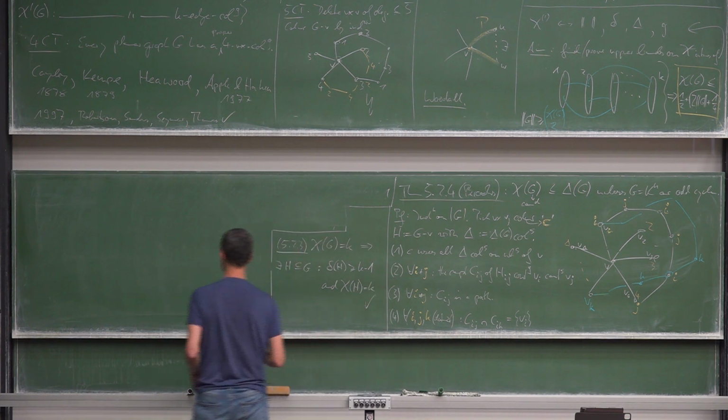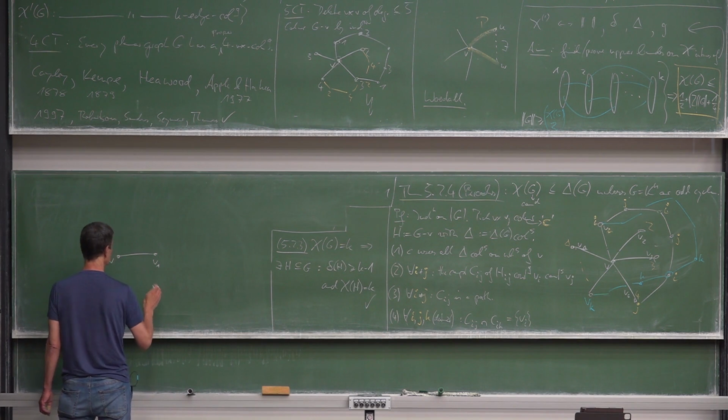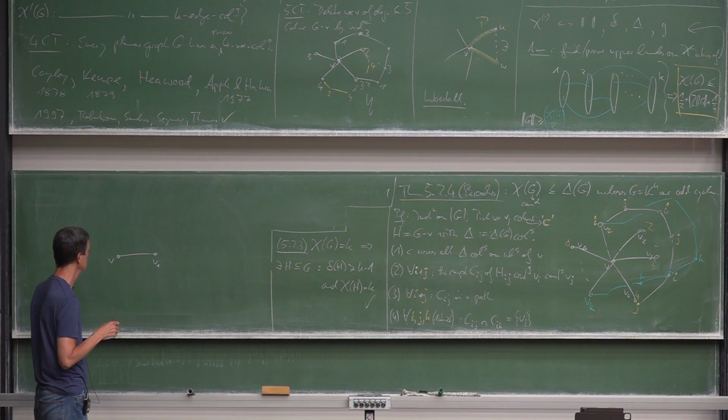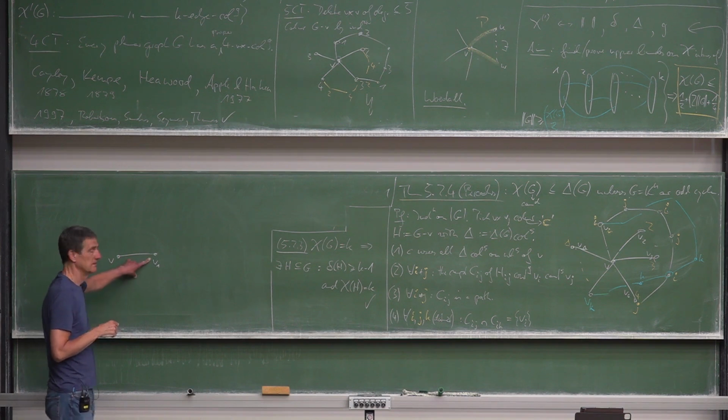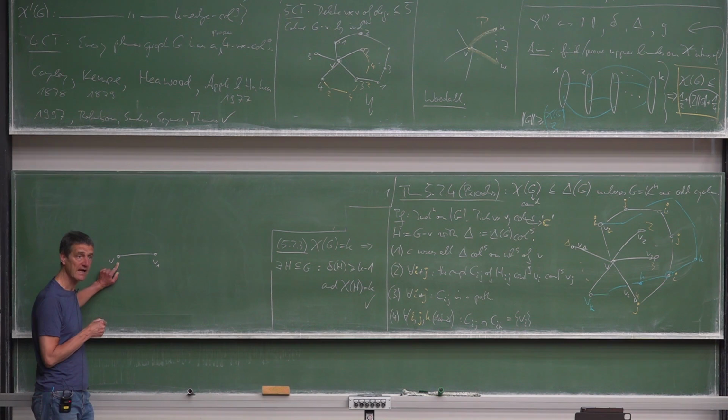I'll just redraw that picture. We have V. There exists a non-edge amongst the neighbors of V. The neighborhood of V cannot be complete, because if it was, it would make, together with V, a K delta plus 1.